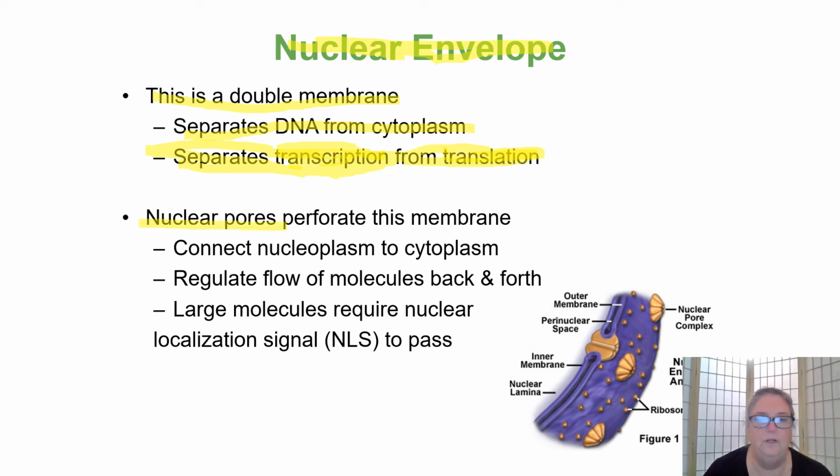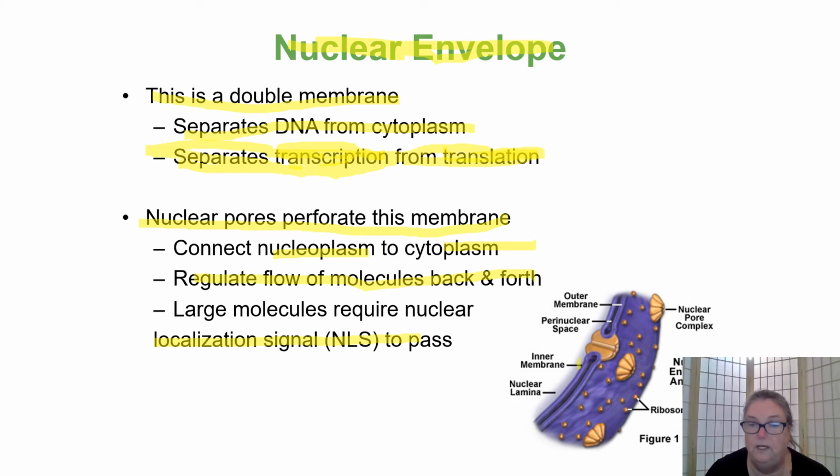All right, so the nuclear pore is an opening in that membrane, connecting the nucleoplasm to the cytoplasm. It's regulating the flow of molecules back and forth, and the large molecules are going to have a hard time getting in, so they're going to require this nuclear localization signal to pass.